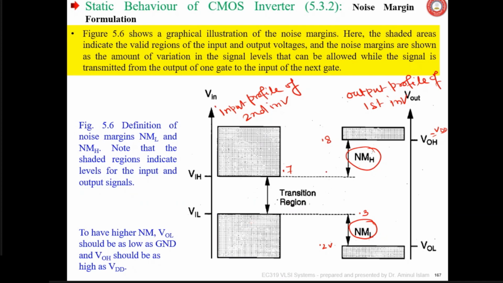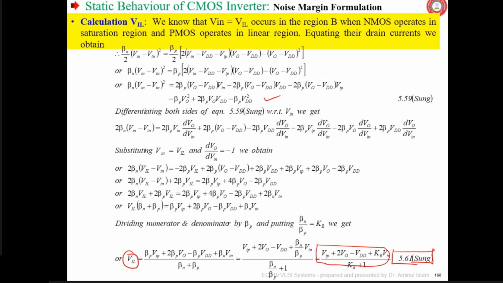If some input is coming from this side and it is 0.7 volt, then also it will be considered as high input, VIH, input high. So the noise margin here will be this 0.8 volt minus 0.7 volt. So this is the concept of noise margin, but how it is calculated mathematically is here.